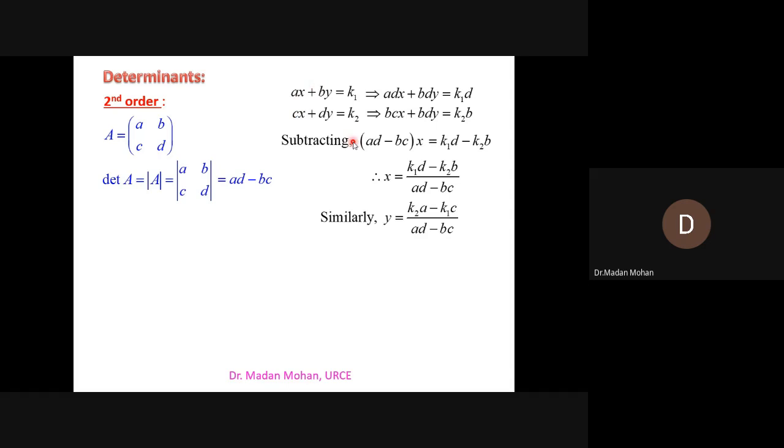When ad minus bc equals 0, these two lines are parallel, meaning it is not possible to find x, y values which satisfy both the equations. Therefore, this ad minus bc determines whether the equations have a solution or not.